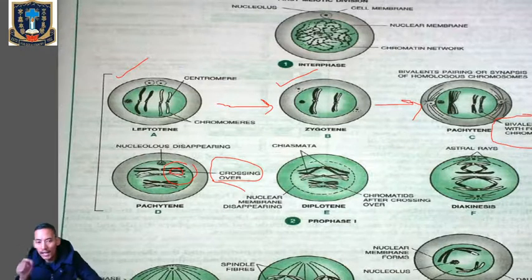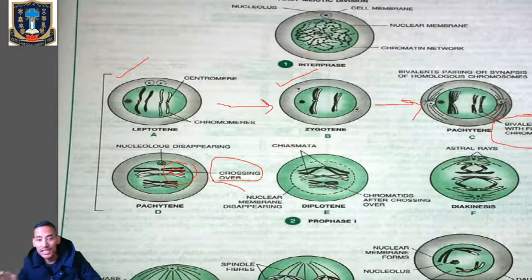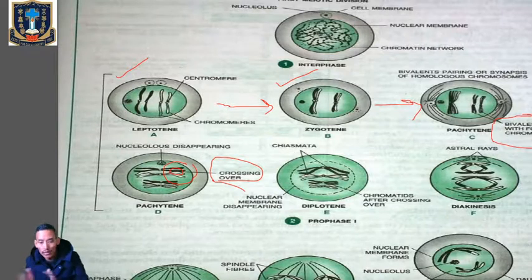Write it down: RECOMBINASE. So crossing over is an enzyme mediated process, and the enzyme is called recombinase. RECOMBINASE. And what is crossing over? Crossing over is the exchange of genetic material between the two homologous chromosomes.